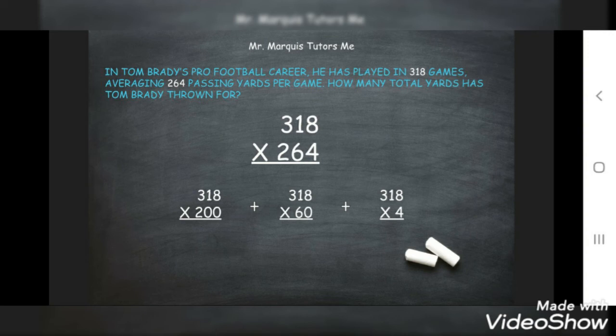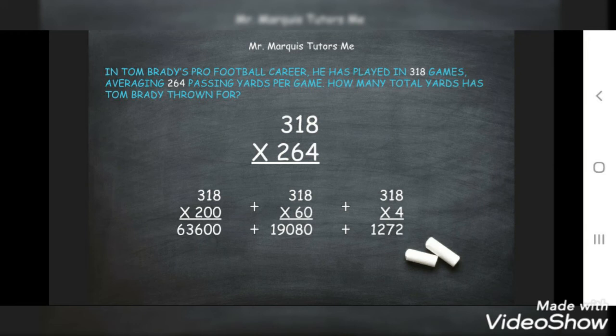So I can break it down like that, but you've got to remember to add them up at the end. So I took my 318 times 4 and I got 1272.